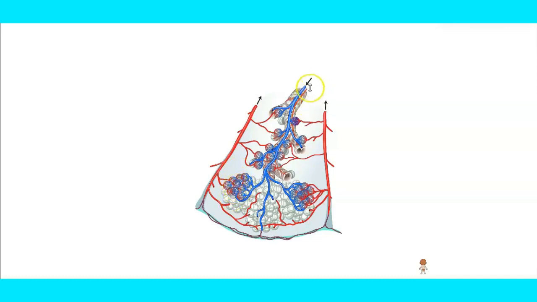Remember that oxygen will come in with inhaled air into the alveolus, and that inhaled air will contain what? Oxygen. So there will be an exchange. The carbon dioxide in the blood goes into the alveolus, while the oxygen in the alveolus goes into the what?